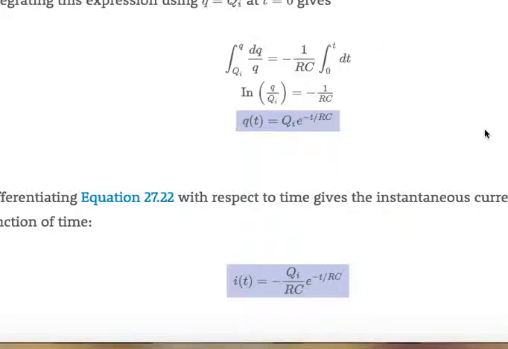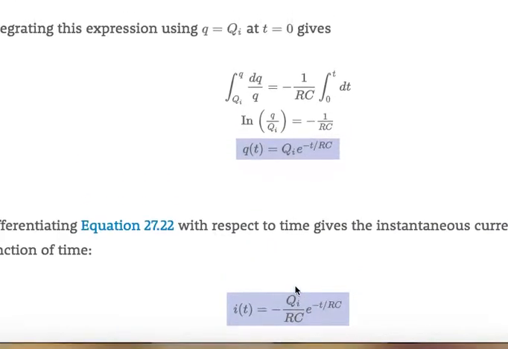When we were charging a capacitor, the current graph looks identical to the discharging capacitor charge graph. And again, the current will slow to 0.